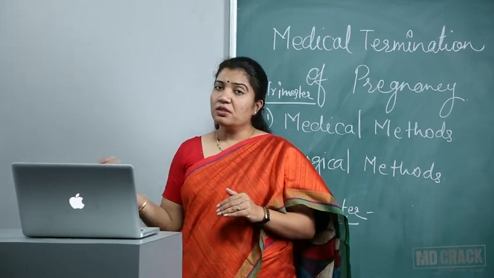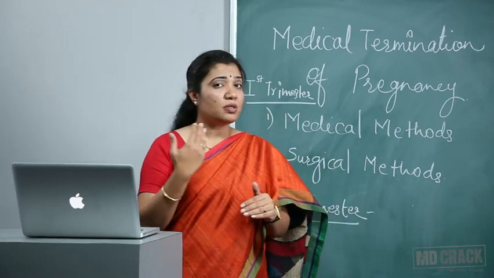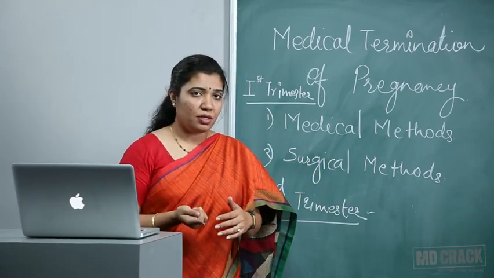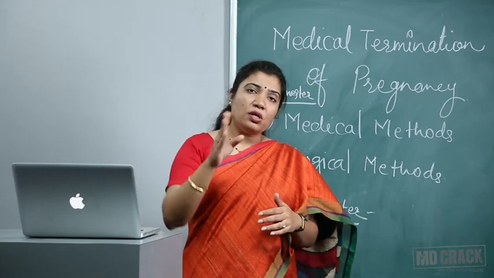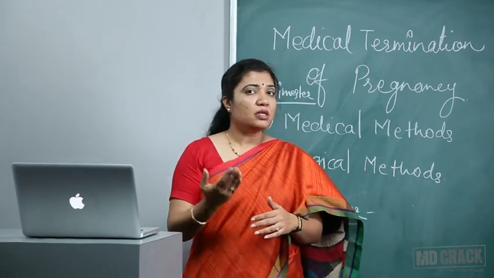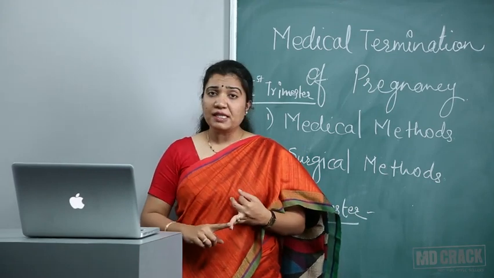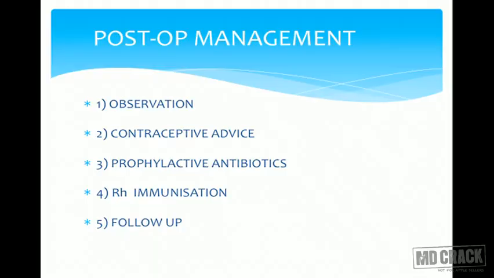Then, to confirm whether the procedure is complete, we do check curettage with the curette. We curette all the walls till the gritty feeling comes. Once the gritty sensation comes and bleeding is less, we are sure that the whole cavity is empty, and then we say that the procedure is complete.